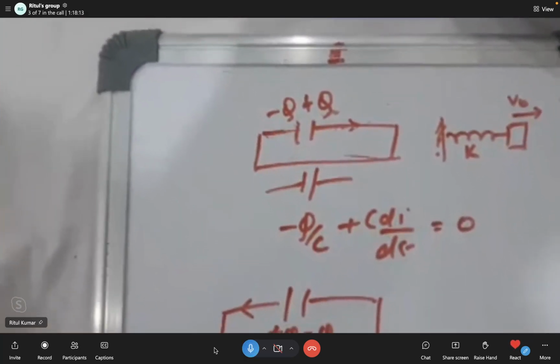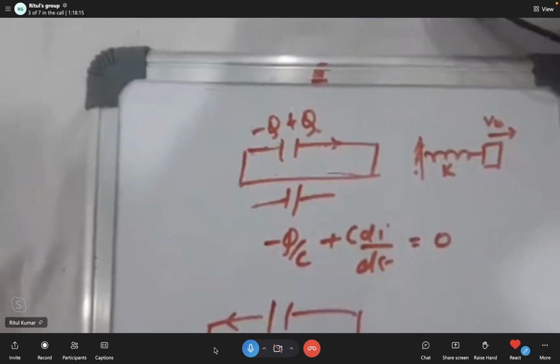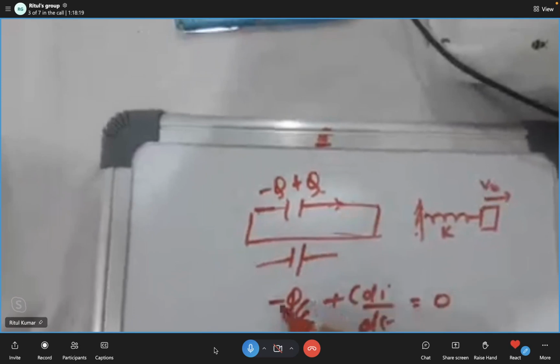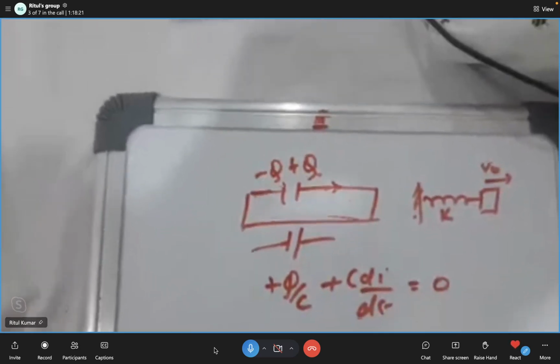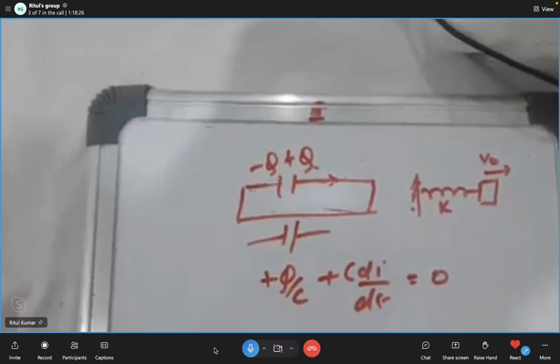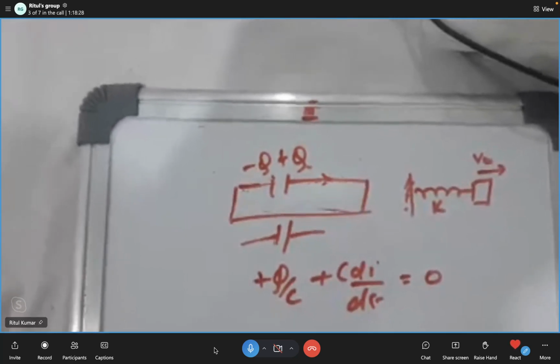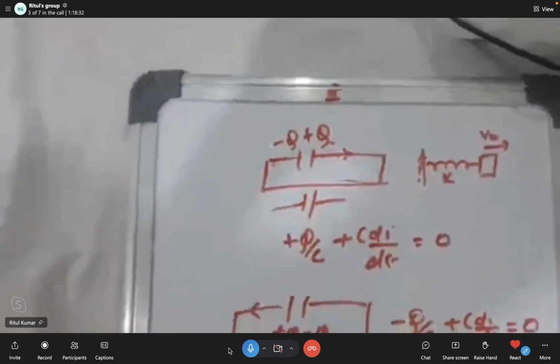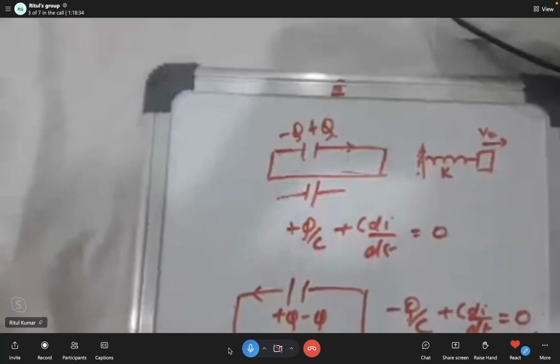When you go from the negative plate to the positive plate, shouldn't you take plus Q by C, because potential increases? Right. It doesn't matter. It will ultimately be minus Q by C plus L di by dt is equal to 0, right? No, L di by dt would be negative, right?